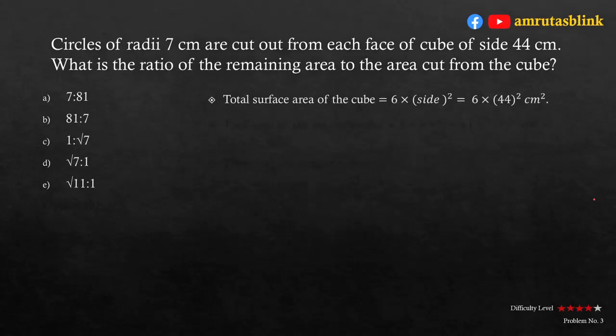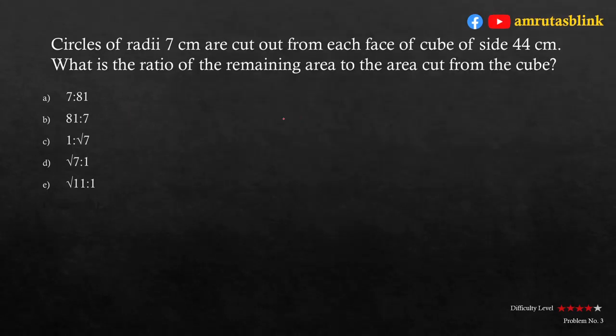First of all, try to understand the problem. Circles of radius 7 centimeter are cut out from each face of the cube of the side 44 centimeter. So let's suppose this is a cube of 44 centimeter each side.